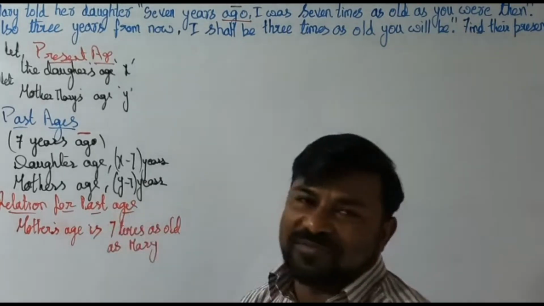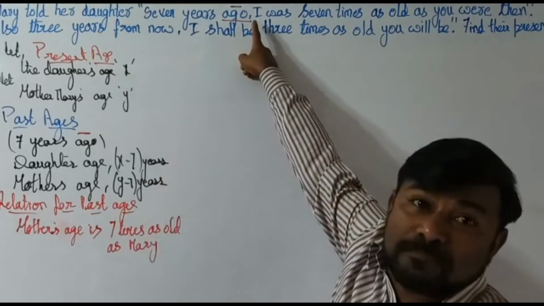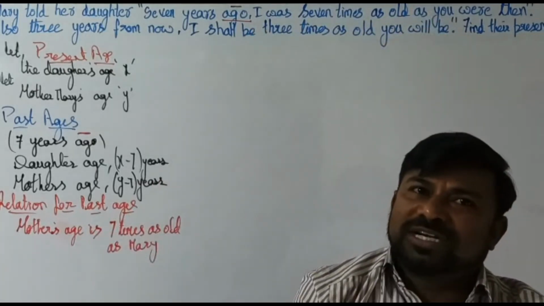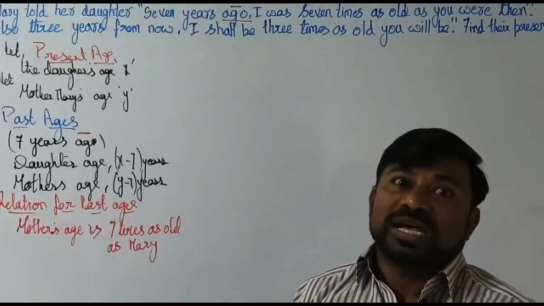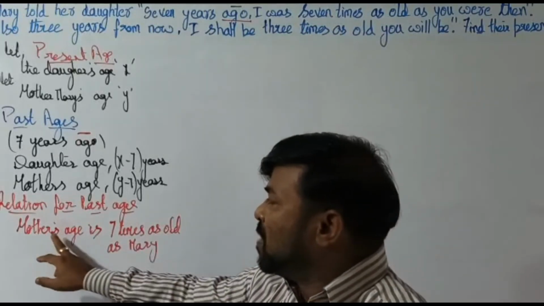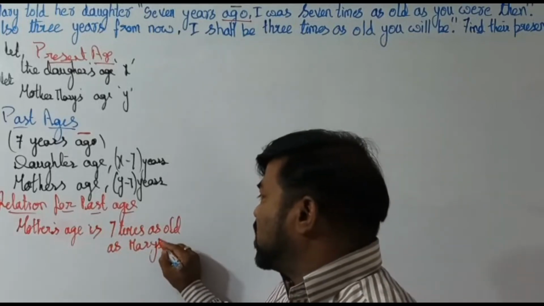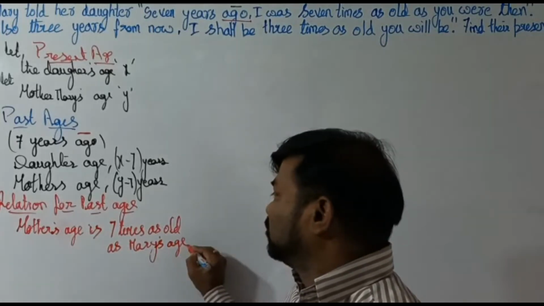This is what is given to us. I means mother, you means daughter. Why? Because the mother is talking to the daughter. It's direct speech, and we are talking about indirect speech now. So the mother's age is 7 times as old as Mary's age, or the daughter's age.